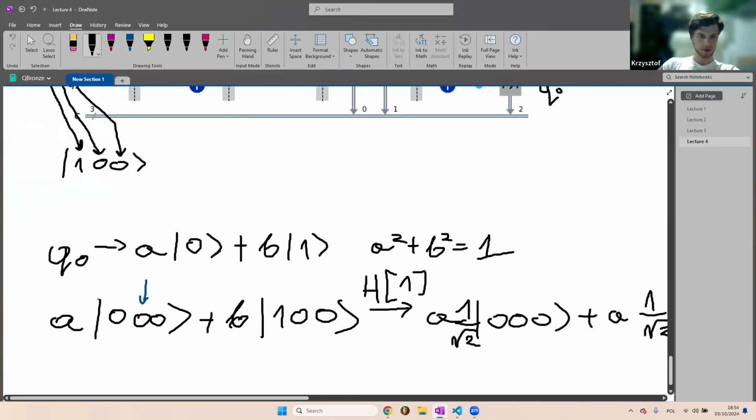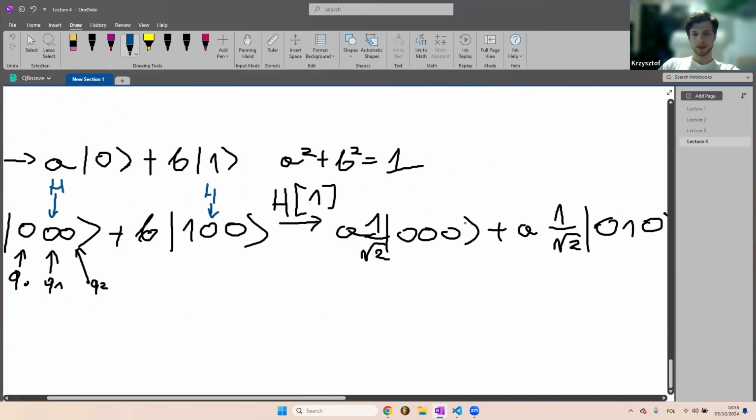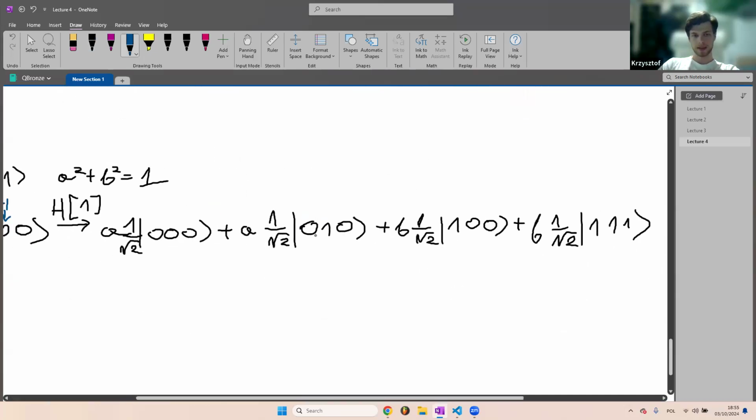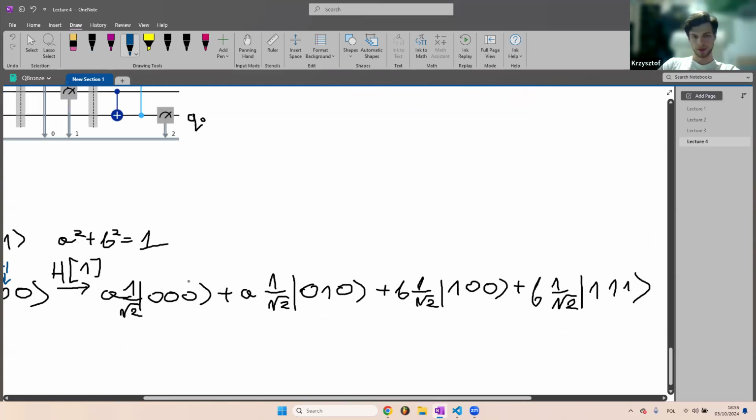So this is Q0, Q1, and Q2. And we apply a Hadamard gate here and here. As a result of this Hadamard, we get 4 different states, each with different amplitudes, right?